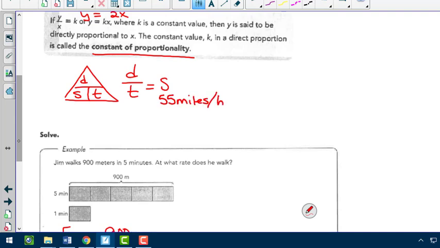That's a rate of speed. So we are finding a constant rate many times when we take distance and divide it by time. Y divided by x also can fit in this triangle, because y divided by x gives me my k. This is my rate.